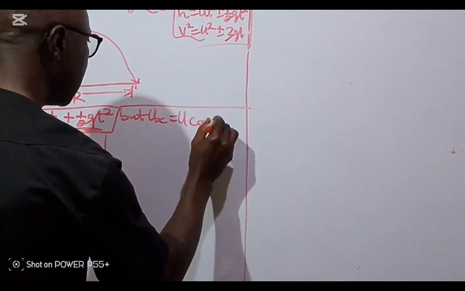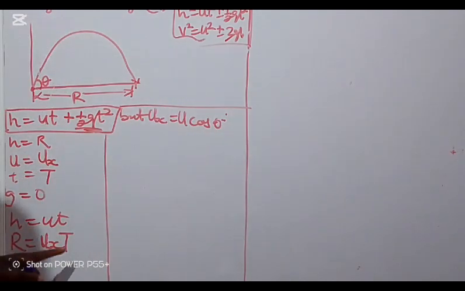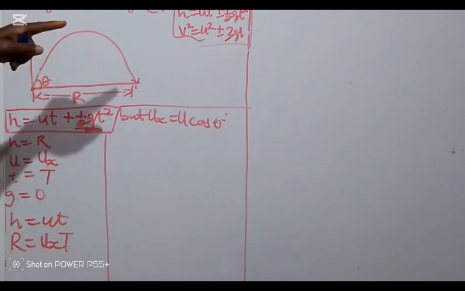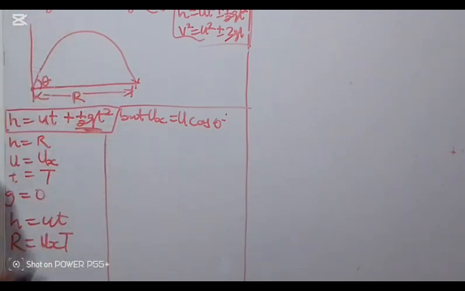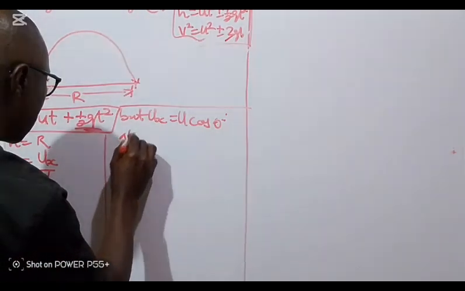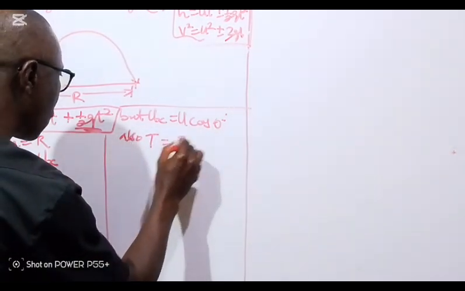And again, this our T is the time of flight, so capital T is equal to 2u sine theta over g.